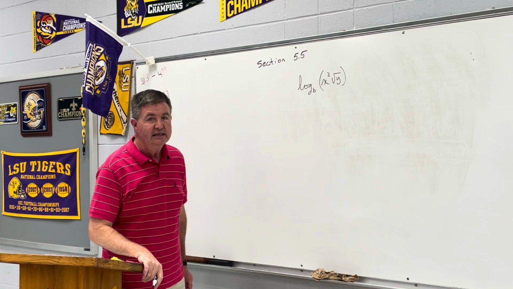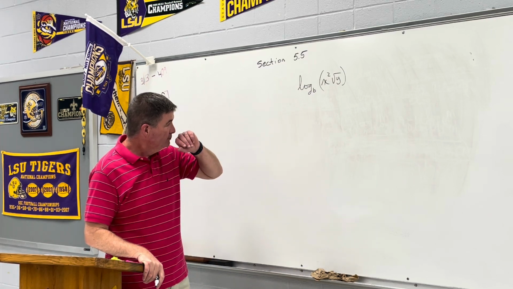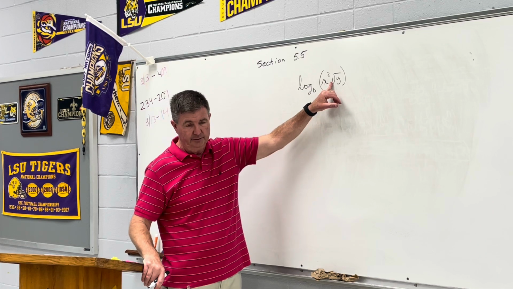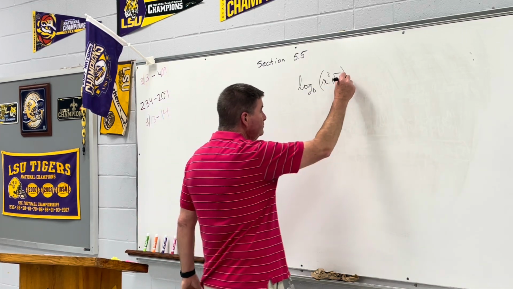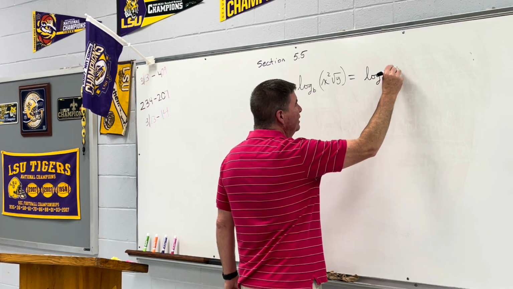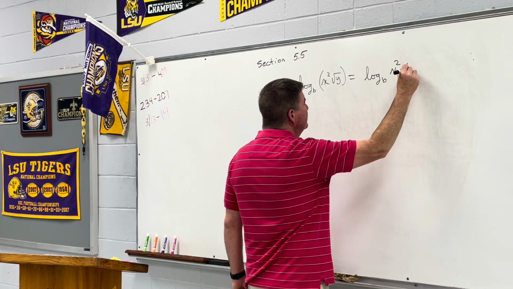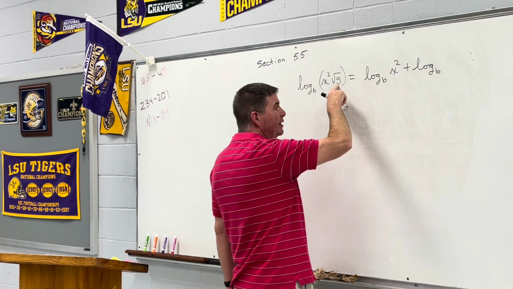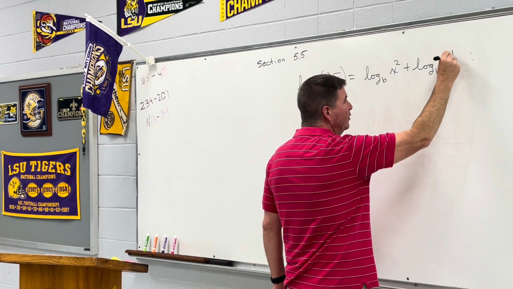This would be several different things. The first thing we would have is the product rule. That's going to give me log base b of x squared plus log base b. Instead of square root of y, I'm going to put y to the 1/2 power.